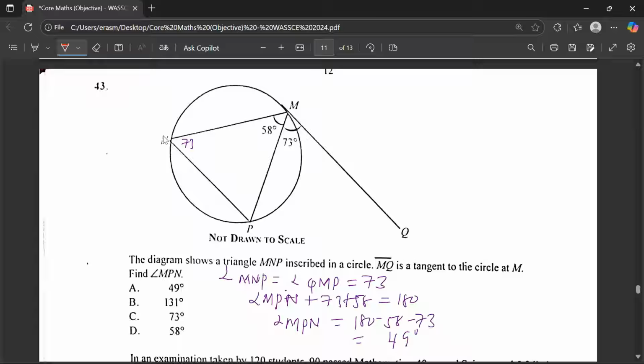This angle here equals this angle, and so we have 73 here, right? Remember, we are asked to find angle MPN, this angle, right? So the sum of these three angles should be equal to 180 degrees. So this angle plus 73 plus 58 equals 180, and when we make this the subject, we are going to have it to be 49 degrees. So the right option is option A.